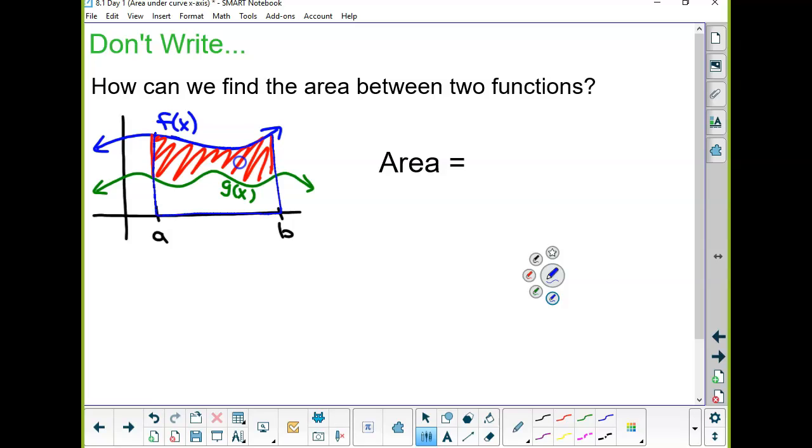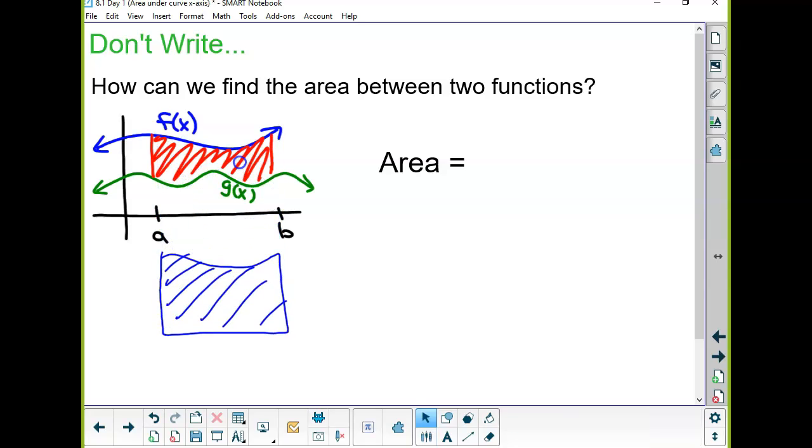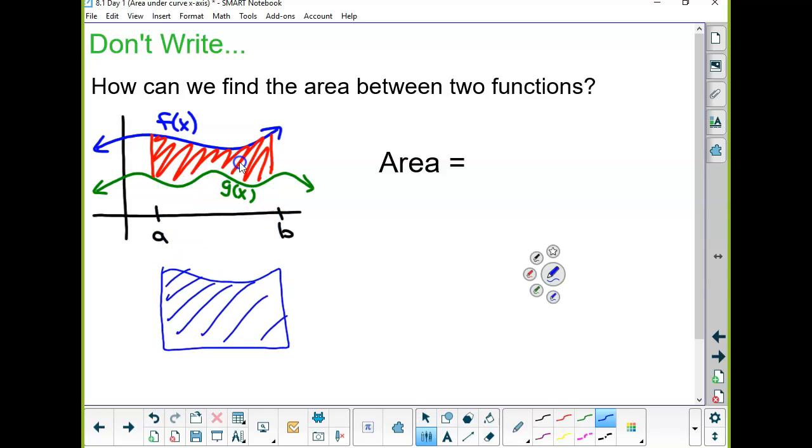If I know the blue curve has all that area, right? Let me just pull that out. This is the area of f of x. And then I know that the area from the green is all of this.